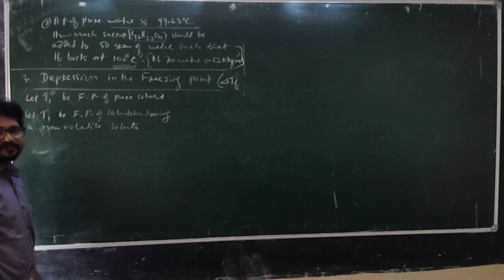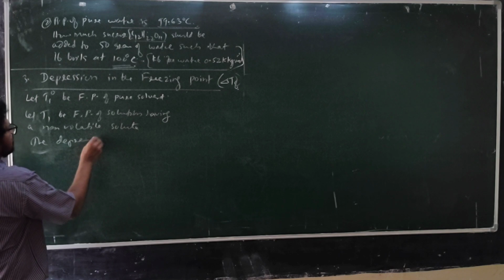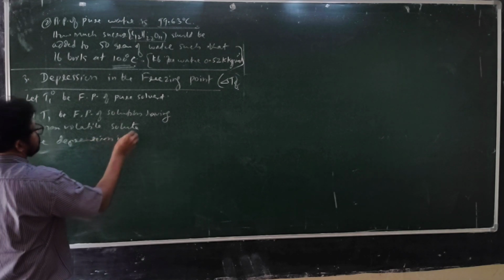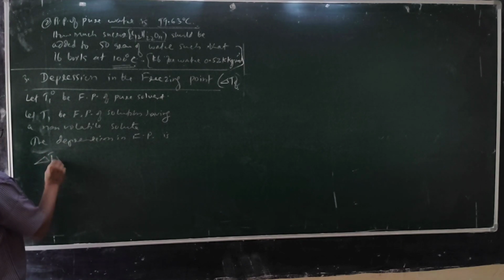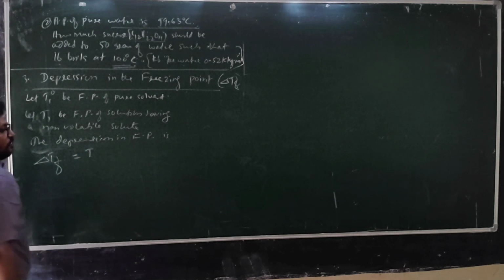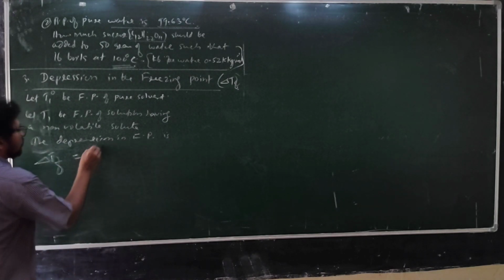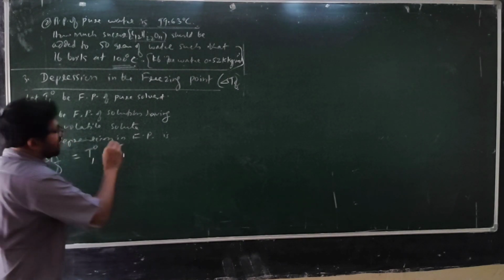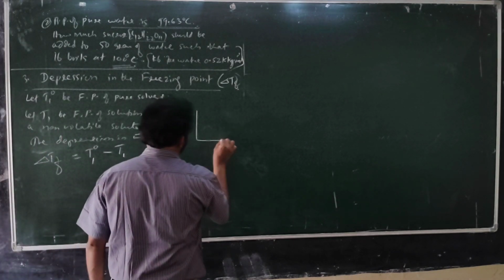Is it right? Then depression in freezing point is delta TF equal to, okay, which is more, you tell me? T1 naught is more. T1 naught minus T1. If you want, I will tell you with the diagram.